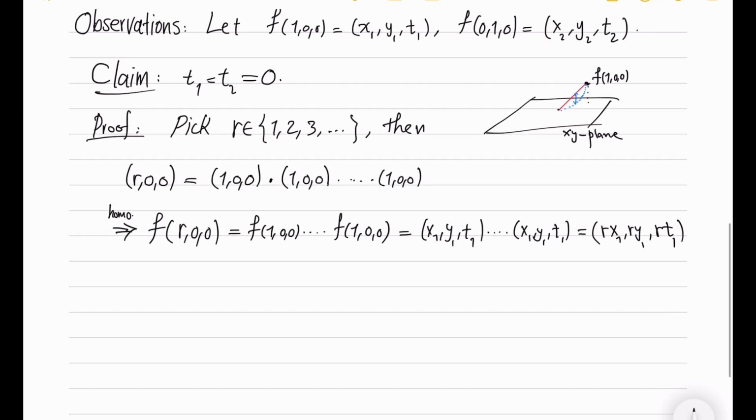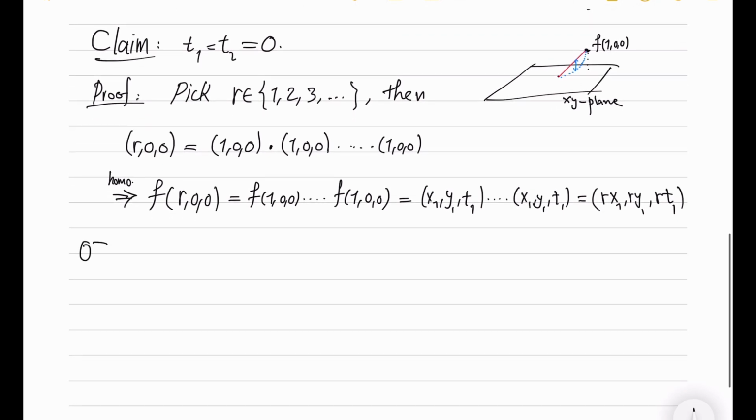But there is another thing. On the other hand, (r, 0, 0) is the group dilation by delta r of (1, 0, 0).